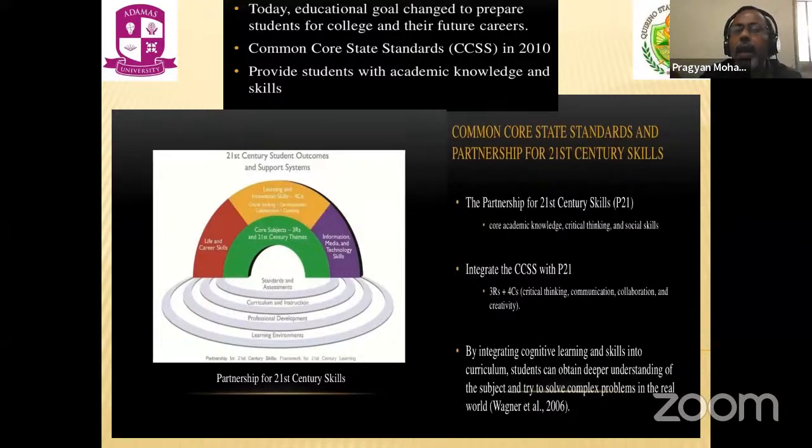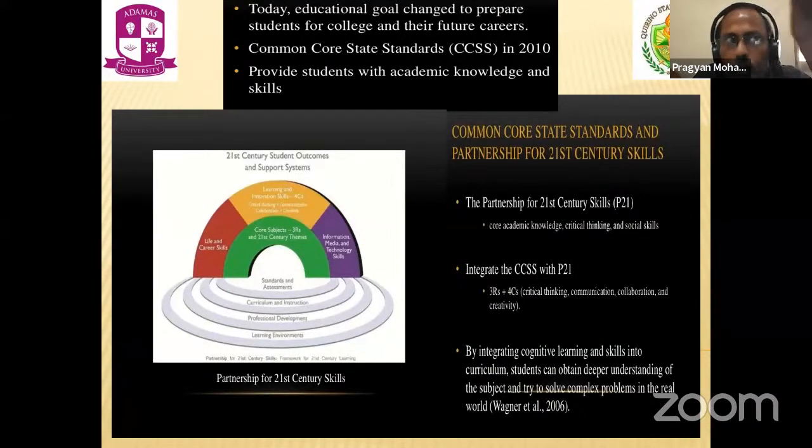Now, when a curriculum is designed, that means the framework is made on the basis of content, exactly what we are introducing over there. We are introducing some of the Common Core State Standards, which can be called CCSS, which was predicted in 2010. That was there in the traditional curriculum, and that is also to be introduced in the 21st century curriculum, which focuses only on the 3 R's. 3 R's means reading, writing, and a sense of arithmetic.